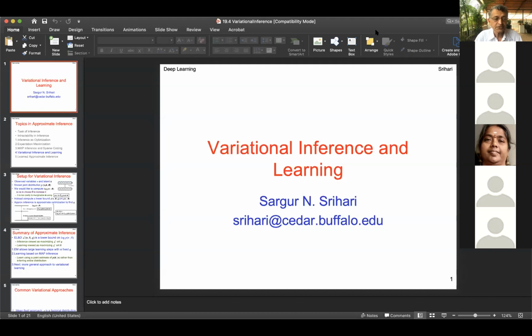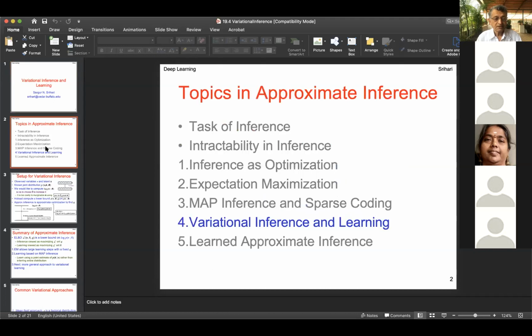So we are into the third part of our lecture today. It is titled Variational Inference and Learning. Again, a topic you keep coming across in machine learning and deep learning quite a bit. We can look at it in different ways, and today we are looking at it from the deep learning viewpoint. We are on the topic labeled 4, Variational Inference and Learning.